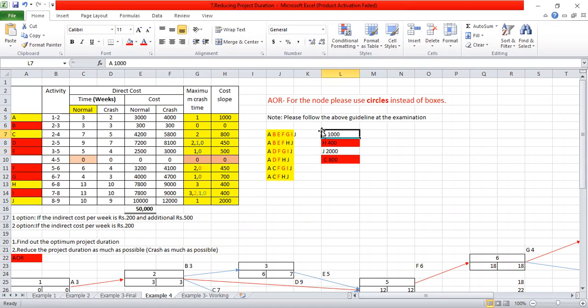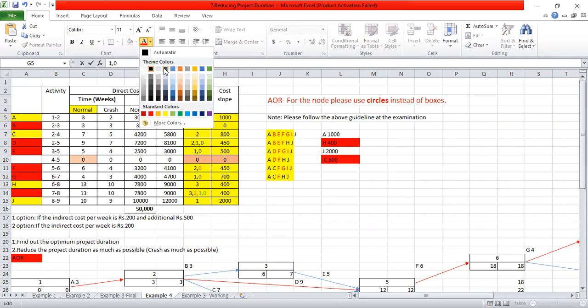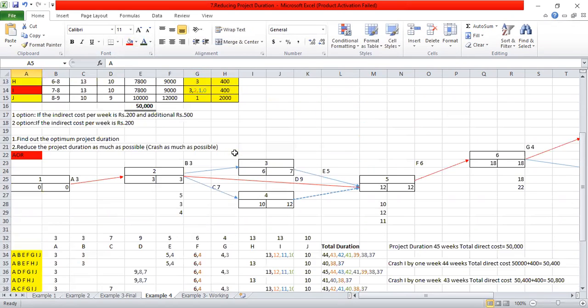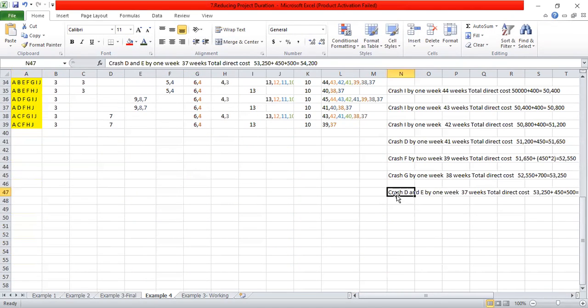So crash A. Activity A is having a maximum crash time of 1 week. That means after crashing A, it becomes 0, so A activity cannot be crashed further. Crash A by 1 week, the weeks will change. And for the 54,200, it should be added what? 1000 cost, right? So after adding 1000 cost, 55,200.